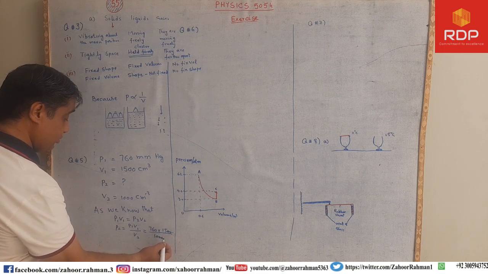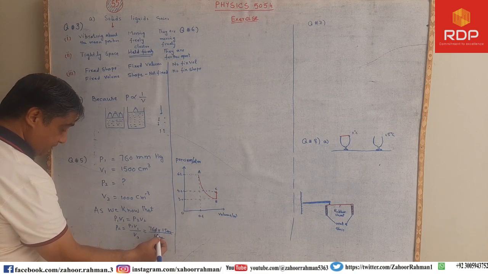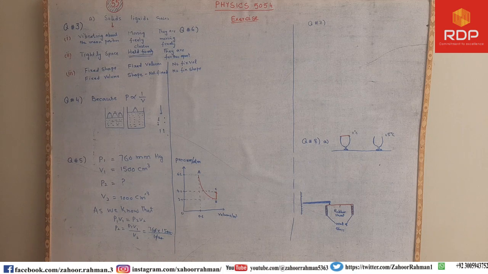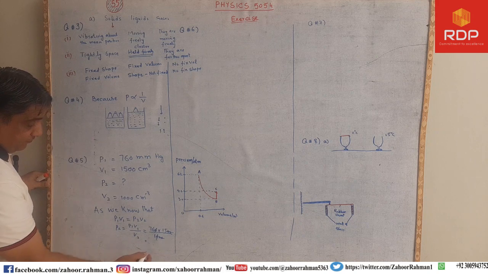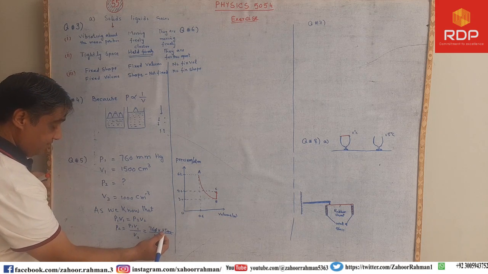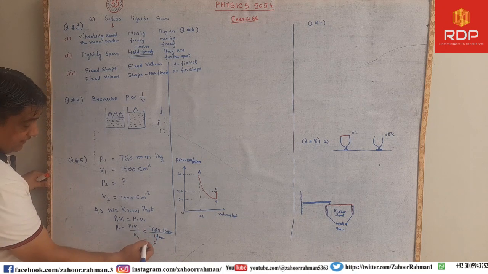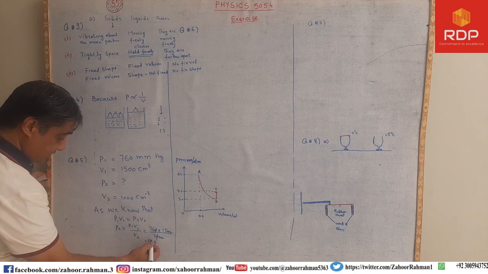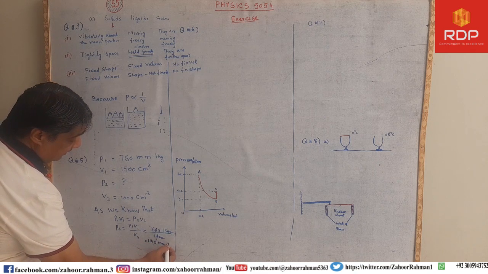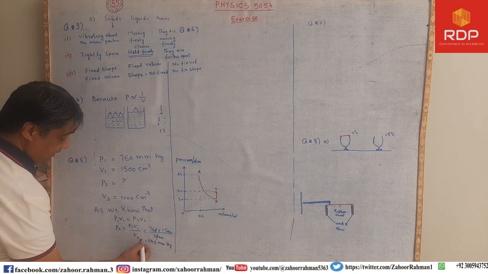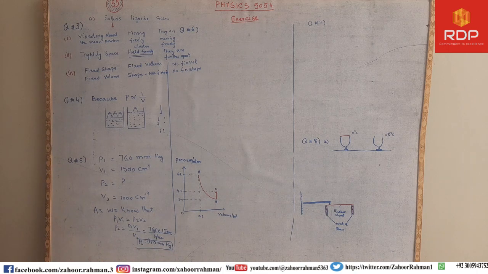So these two zeros will cancel with this one, and this 10 will cancel with this one. We will only be left with 15 6s are 90, 15 7s are 105, and 1140 millimeter of Hg will be the pressure. So that is the ultimate answer.